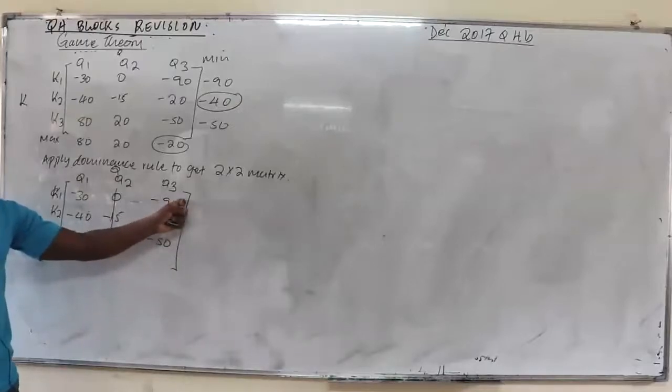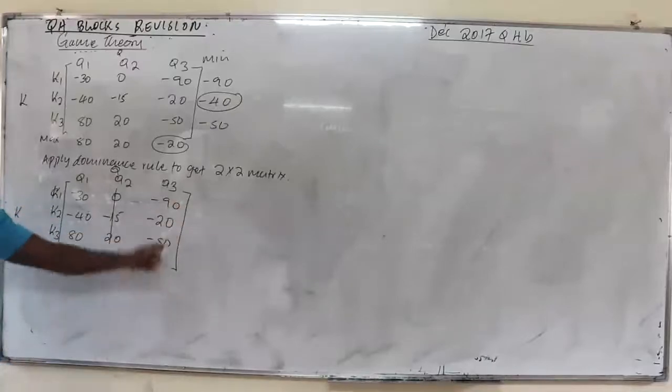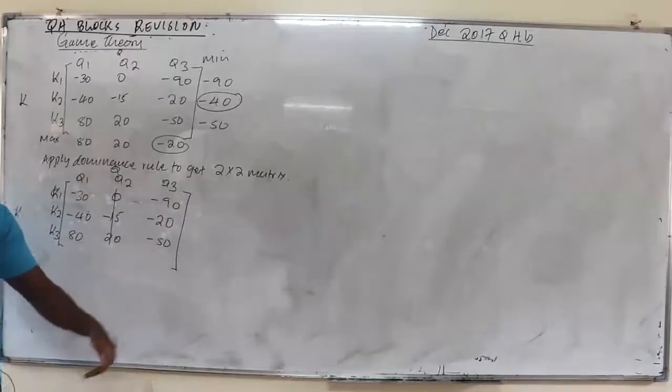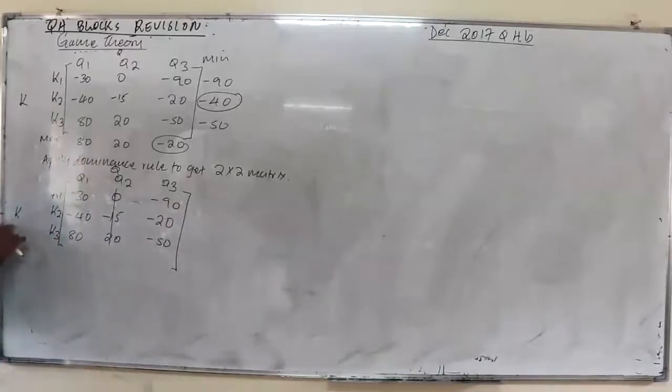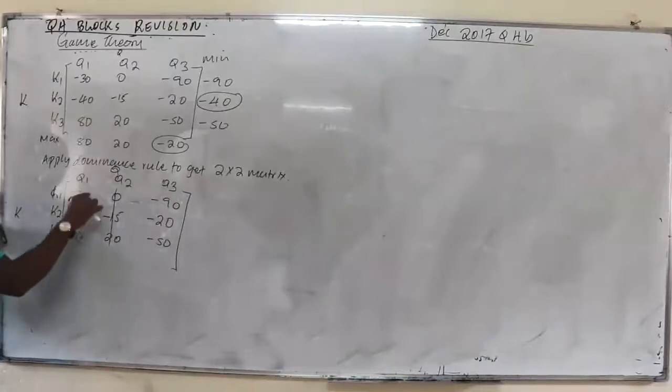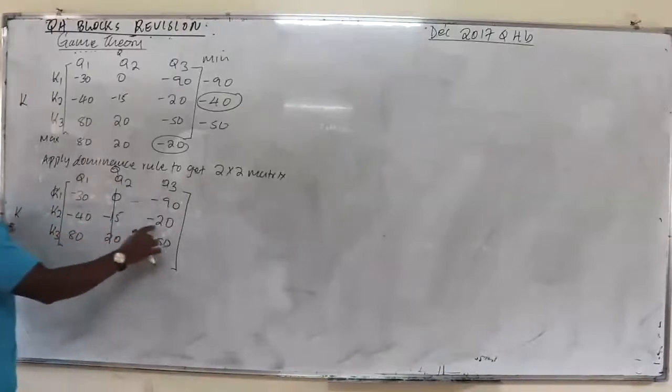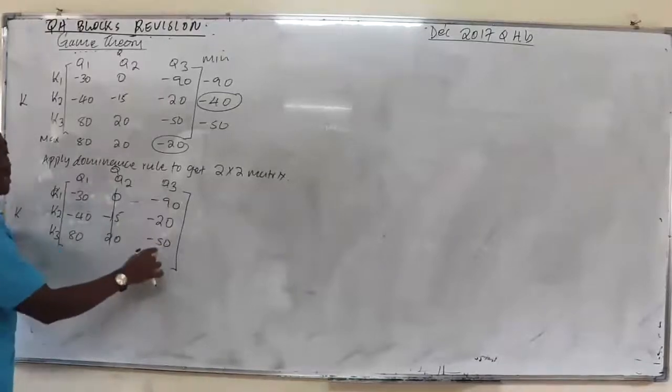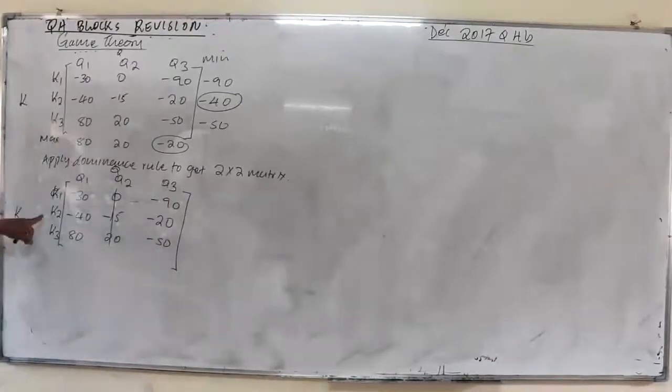No. Is negative 20 less than negative 50? No. So that one has failed the test. So Q cannot sacrifice Q2 because negative 40 is less than negative 30 and less than 80, but negative 20 is not less than negative 90, nor less than negative 50. So he cannot forego that strategy.